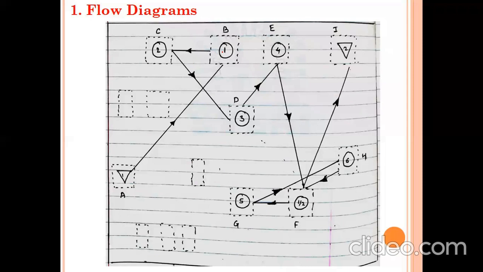Here you can also understand that from A to B, you are required to cover maximum distance. But from B to C, a very small distance. Similarly, from E to F, a greater distance is required, but from F to G or F to H, a very small distance.